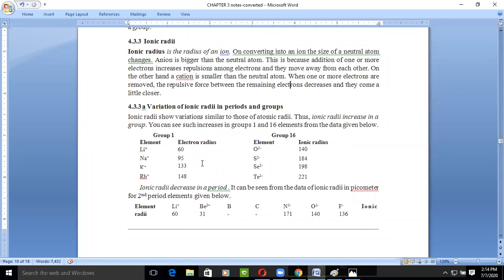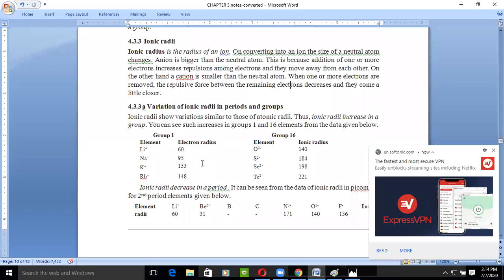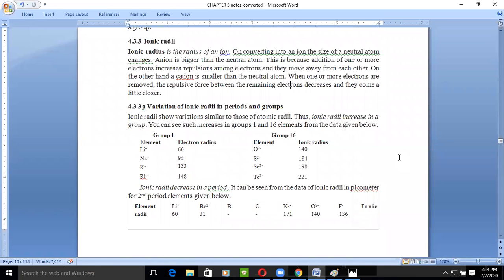Only some valence electrons are there, but the atomic number is continuously increasing, which leads to an increase in the size of the atom. But the ionic radii decreases when we go along the period from left to right. So there is a decrease in the ionic radii along the period.